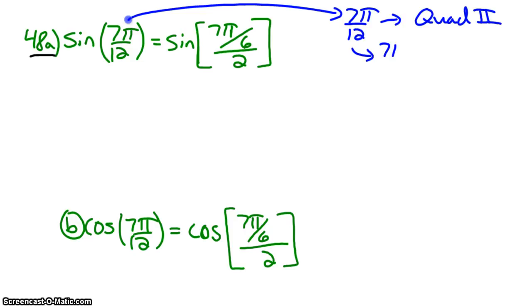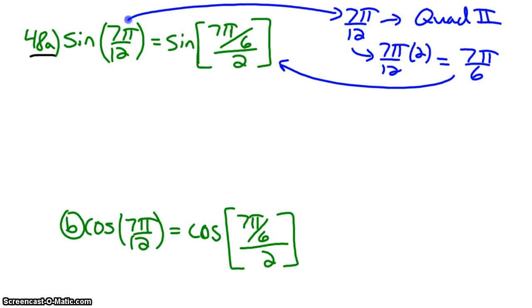And in this case, 7 pi over 12 doubled will reduce the denominator in half, giving me 7 pi over 6. Now, why we do that is so it will look like the following right here, and we can cut it in half, which means we get back to 7 pi over 12. So this is by design.